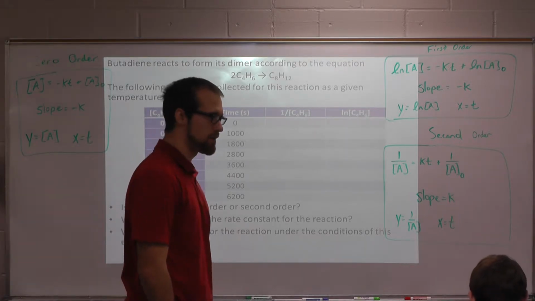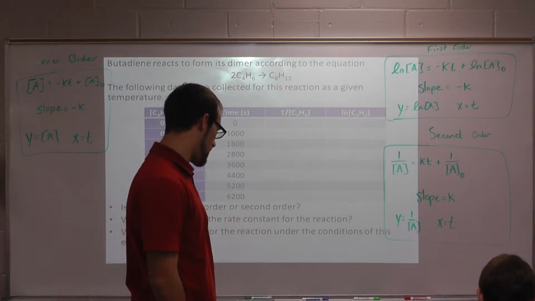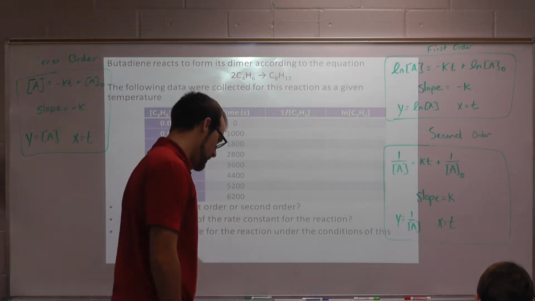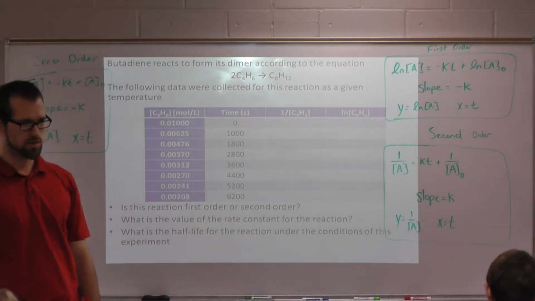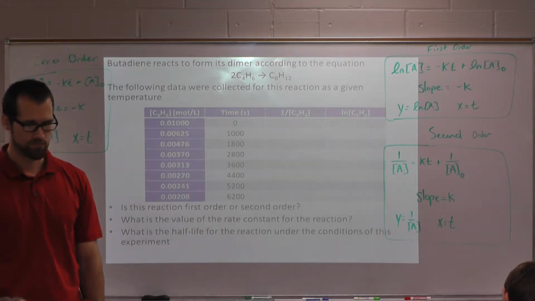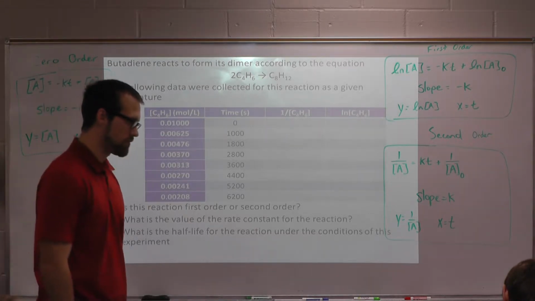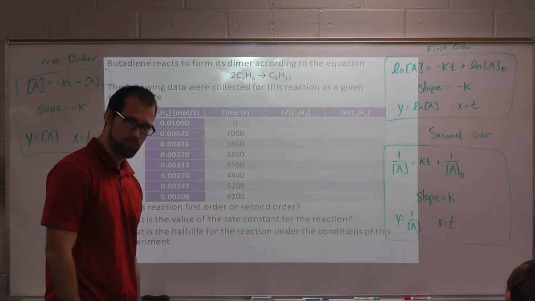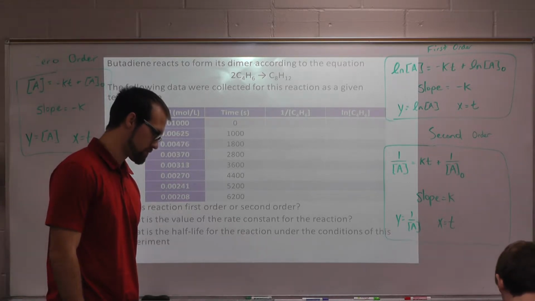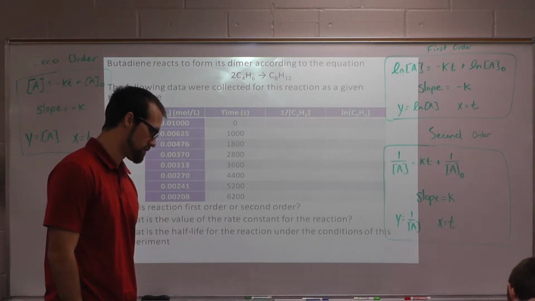Why don't Griffin Brothers and Ryland work on the ln, and then the other 3 of you work on the inverse, and then we'll just trade answers. You guys hear me? Just do the ln of the concentration.